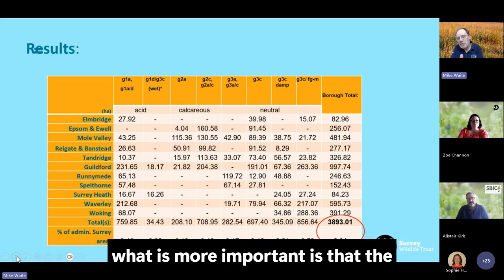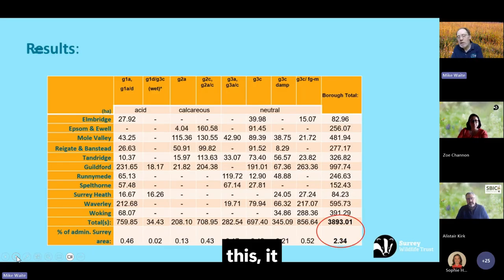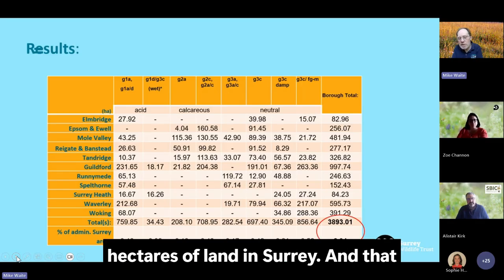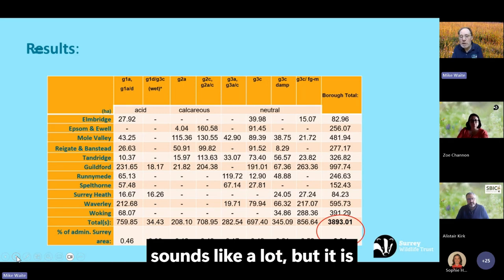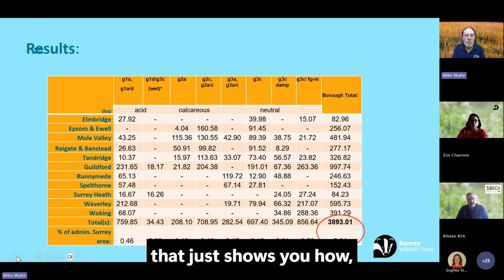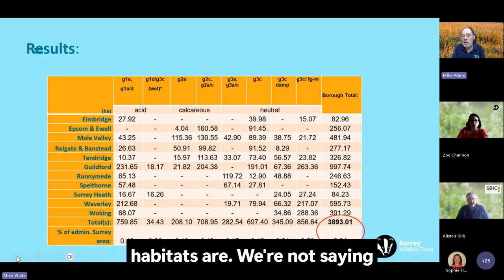But what is more important is the total there with the red ring around it. It amounts to just under 4,000 hectares of land in Surrey, and that sounds like a lot, but it is under 3% of land use in Surrey. So that just shows you how selective and how rare these qualifying habitats are.